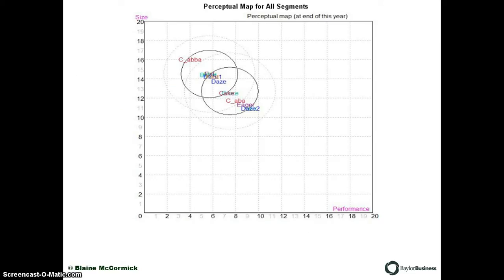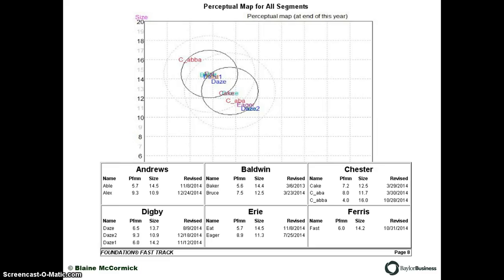Page 8 is just a very big, detailed perceptual map of all the segments at year's end, and so it's nice and detailed and bigger than the ones on pages 5 and 6. So you can see how the products are spread out across the two market segments and exactly their positions at the end of the year.